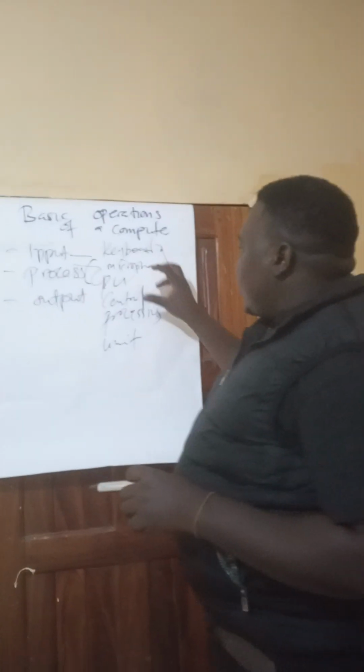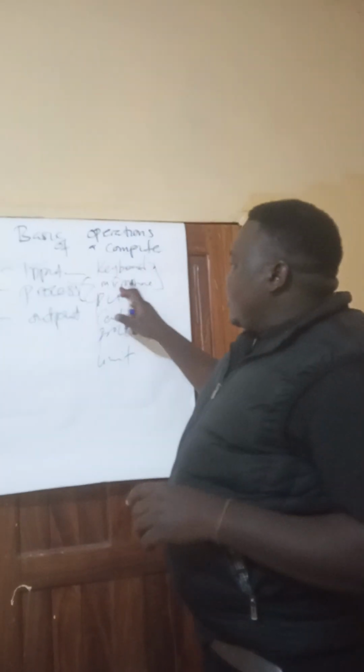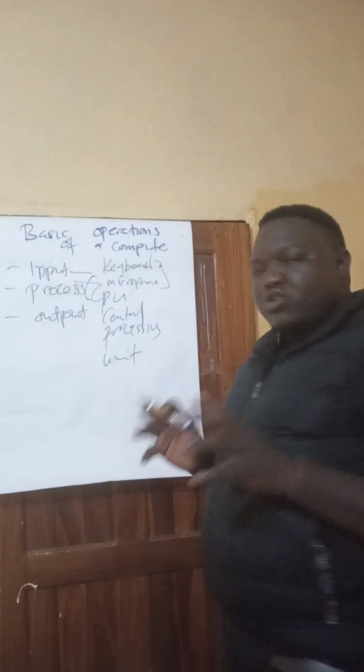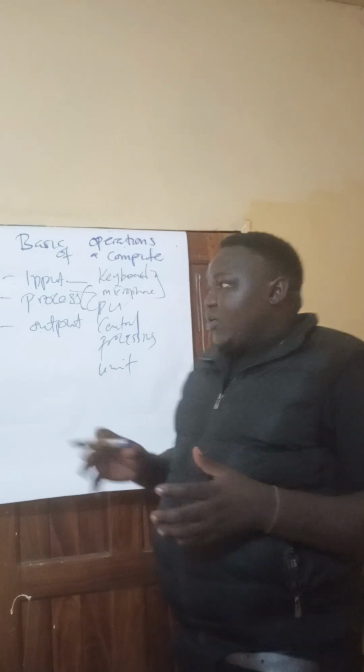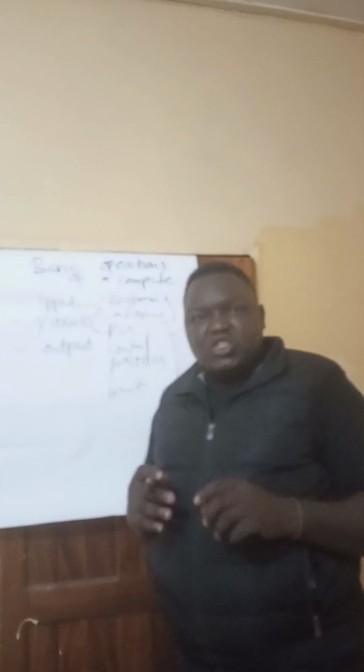Instructions received from the external devices through the input devices and stored in the memory are handled here. This is where all the operations and the magic happen, and a number of operations take place.